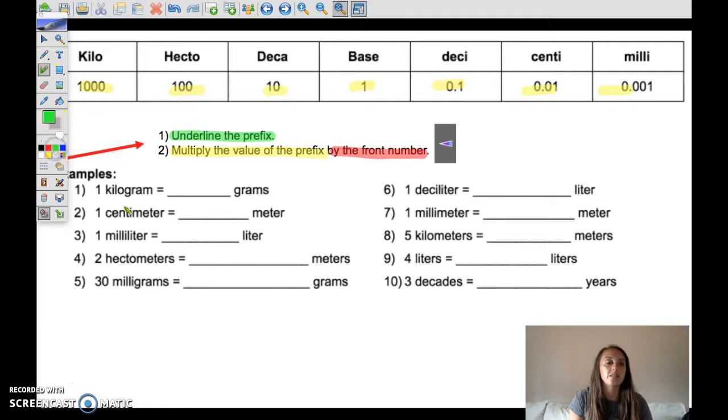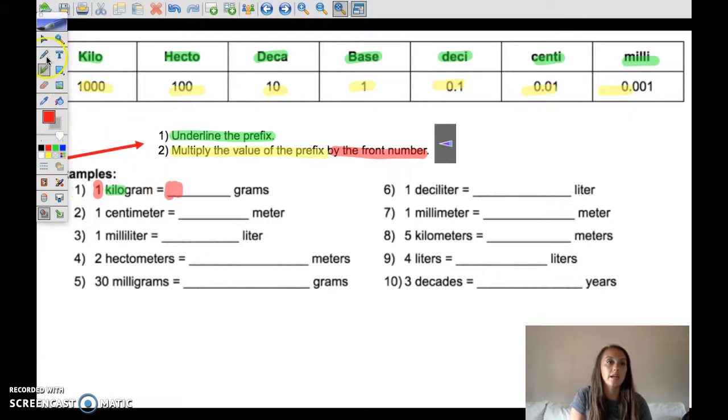So let's do the first half together. My first task is to underline the prefix. And in my first example, it says 1 kilogram is equal to blank many grams. So I see that my prefix, which are the words referenced for you at the top of the screen, matches kilo. So then I see that my front number is a 1.